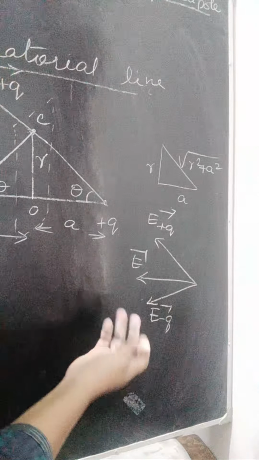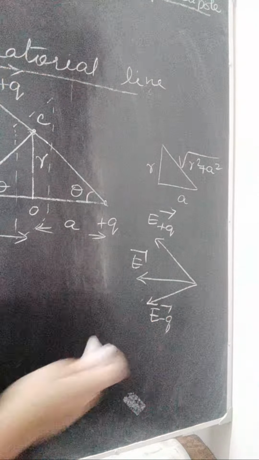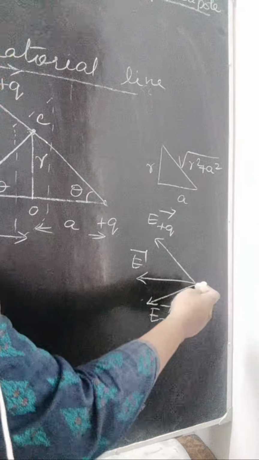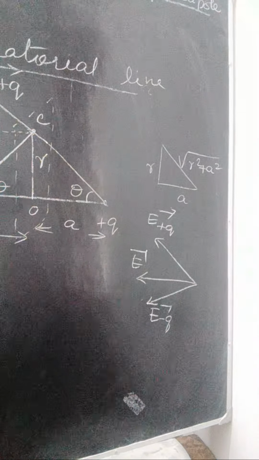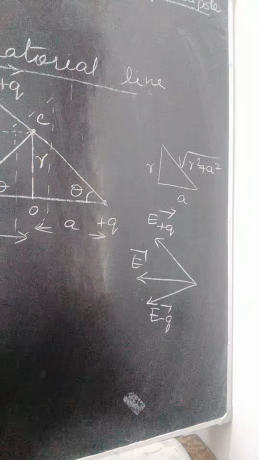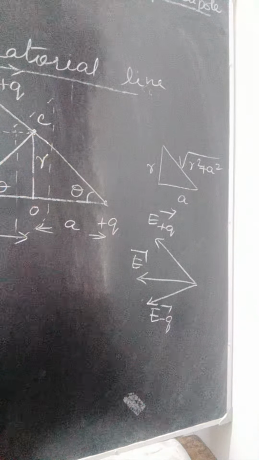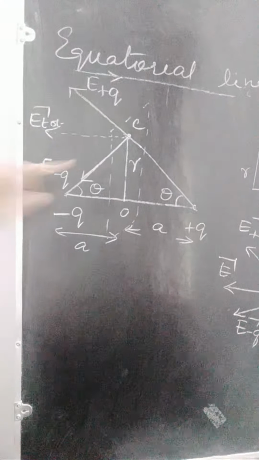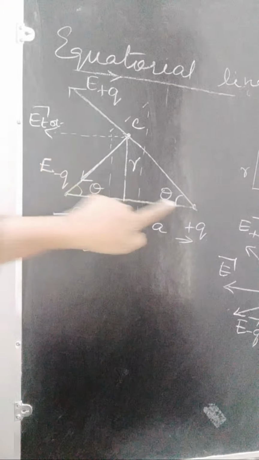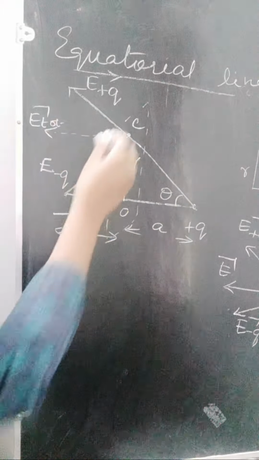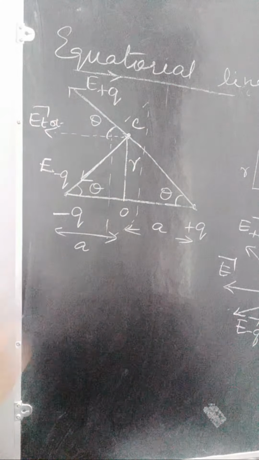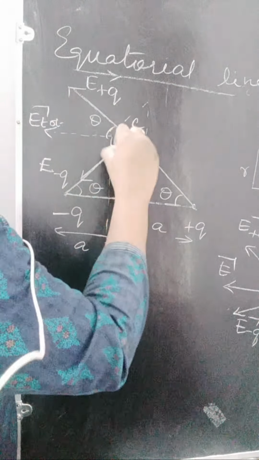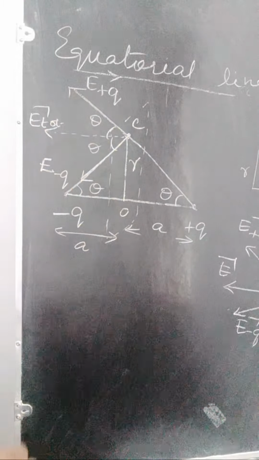Triangle or parallelogram law, we can say either way, but here, since there is an angle, the resultant vector lies in between. This is my resultant vector, E total. Getting? If this is angle theta, the similar angle here is also theta. If this is theta, the adjacent angle is also theta. Sure?